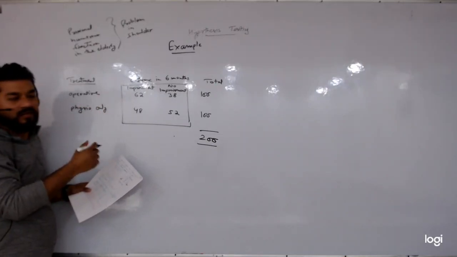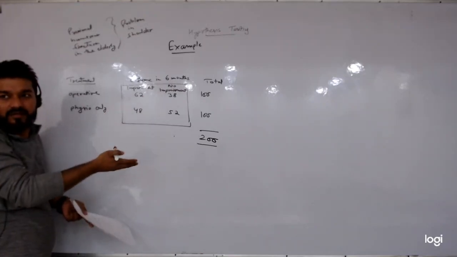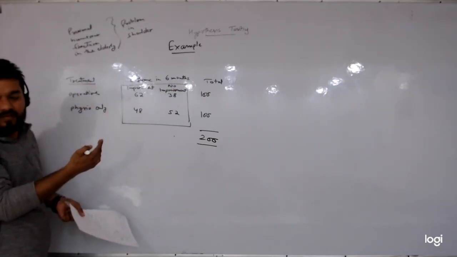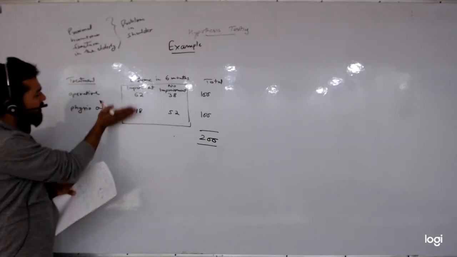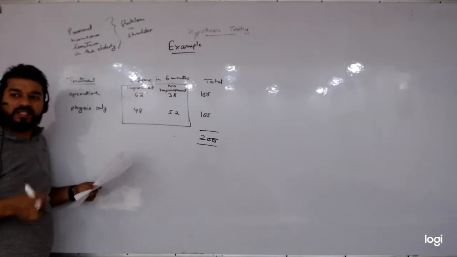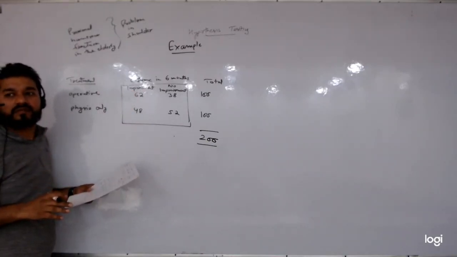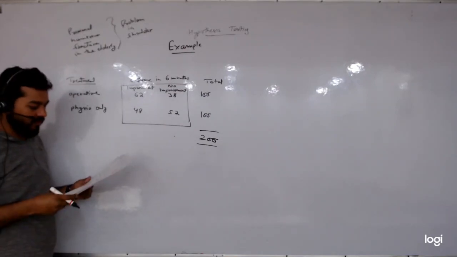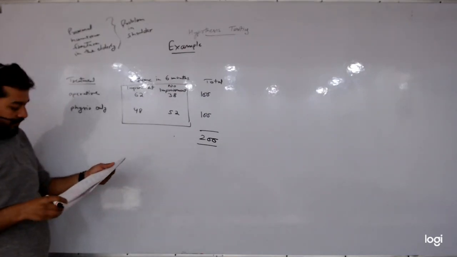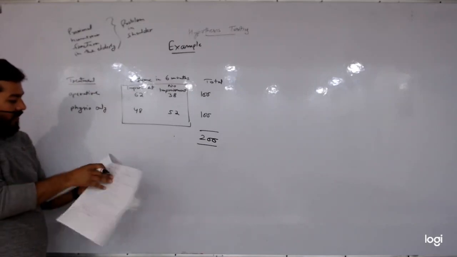It's not something that we can simply say. Data being slightly in favor of one may not statistically mean that they're different. For that, we'll use the concept of hypothesis testing.